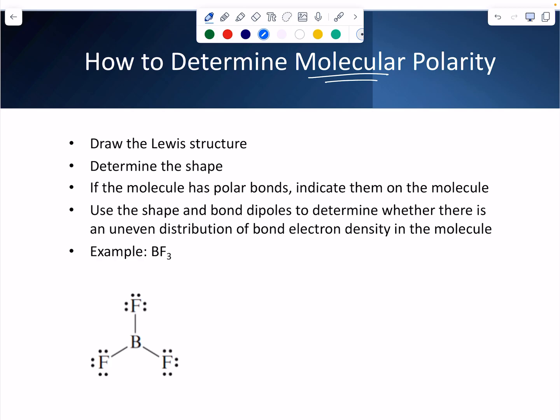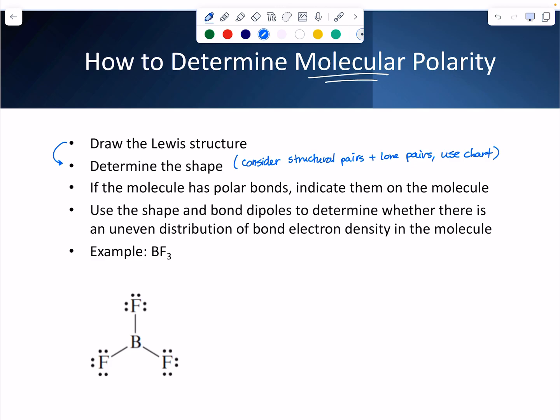And then we're going to determine the shape. So determining the shape, again, is consider structural pairs and lone pairs, and use the chart to figure out what kind of shape you have, where things are going.